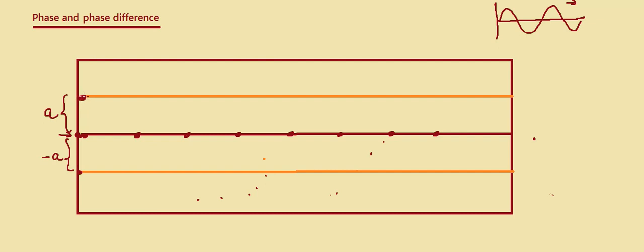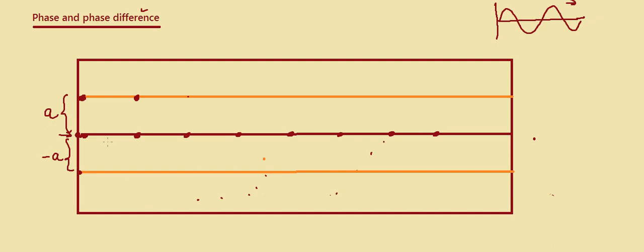When this particle comes back, this particle would have reached over here. And when this particle reaches over here, the second particle starts, and when the second particle reaches over here, the third particle would have moved over here. This is what happens throughout, and that is what introduces what we will later discuss as the phase difference between these particles.